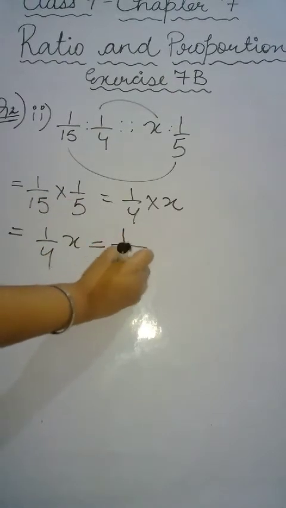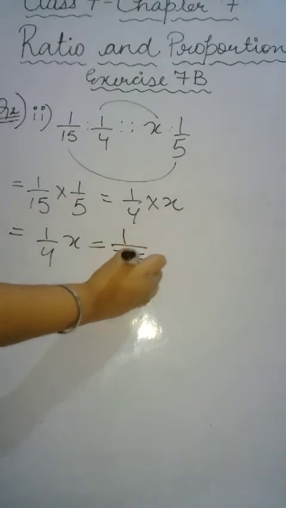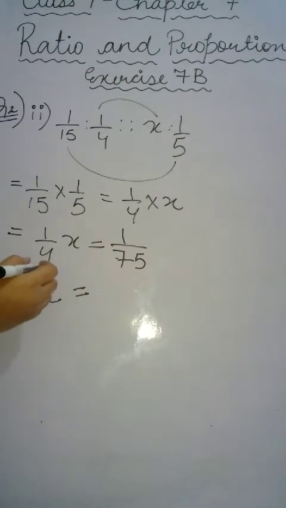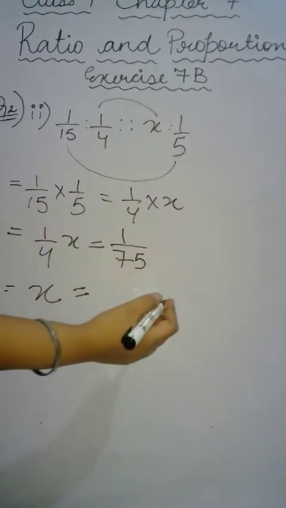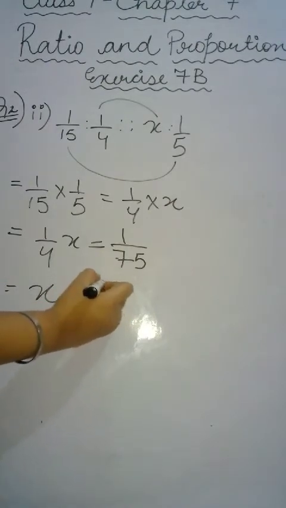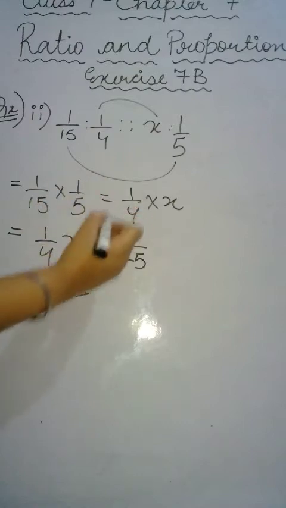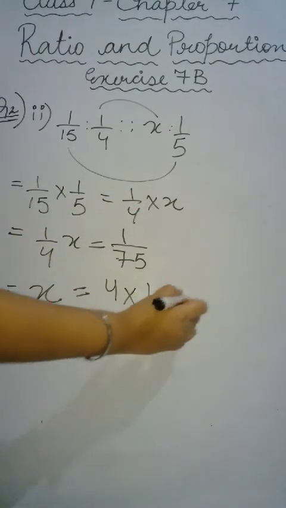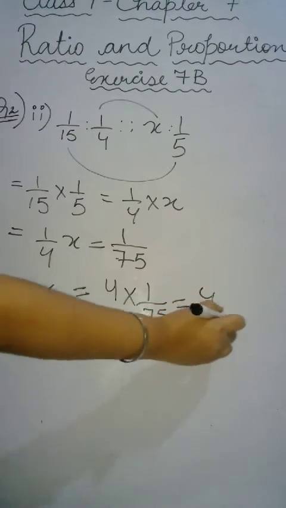Now x will remain over here, and when you shift this number over there, it will become reciprocal. So 1 by 4 will change to 4 by 1. So 4 multiply 1 by 75. This will give you 4 upon 75.